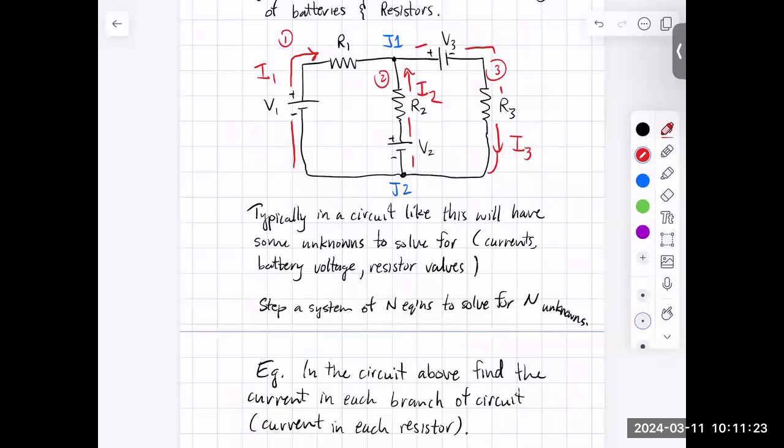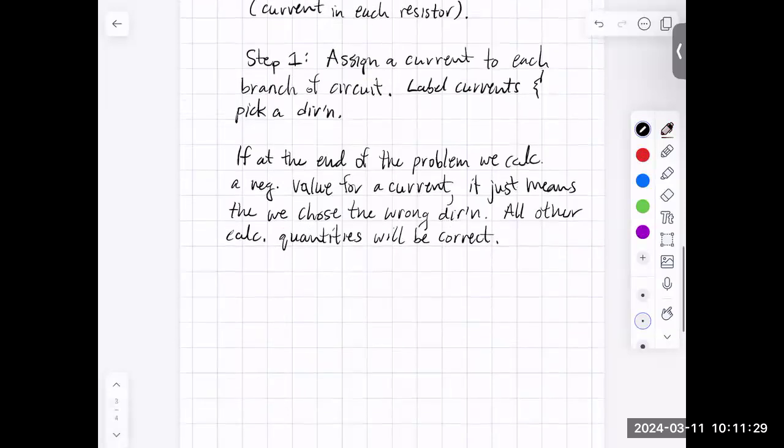So the next step we'll do is we'll identify our unknowns. So step 2 is identify the unknowns. For the problem we're doing right now, let's assume that we were given, I didn't write down any values, but let's assume that we know the voltages of the batteries and we know the values of the resistors, and what we want to find is the currents I1, I2, and I3.